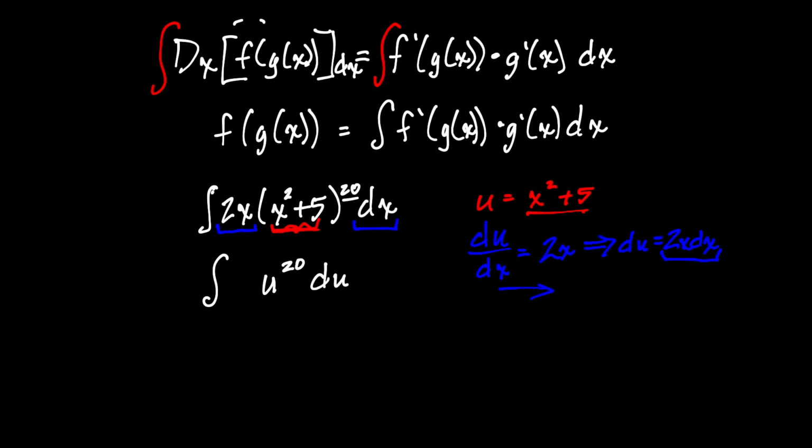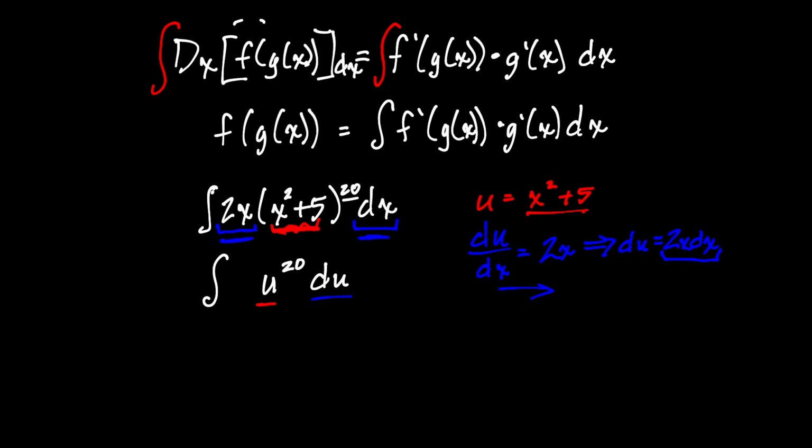And the du, again, is taking the place of this 2x dx. And u is just taking the place of x squared plus 5. So can we take the antiderivative of u to the 20th? Of course we can. So we would say, all right, that becomes u, let me go back to my white color here.